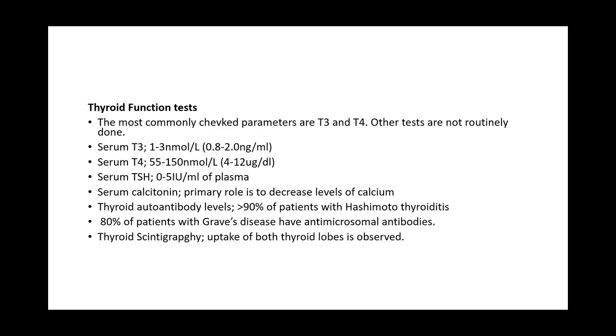You can also do thyroid autoantibodies, like in autoimmune thyroid conditions, like in Hashimoto's thyroiditis, where the autoimmune antibodies are more than 90%. 80% of patients with Graves' disease have antimicrosomal antibodies. Thyroid scintigraphy is also done for the evaluation, where you see either a hot, warm, or cold nodule. We will discuss this in due course.